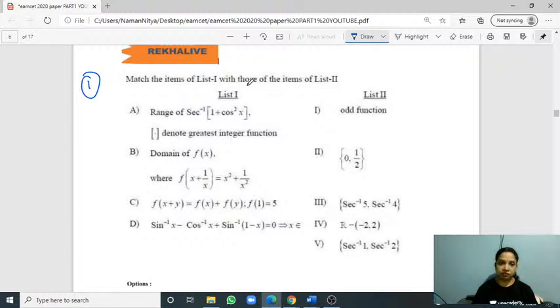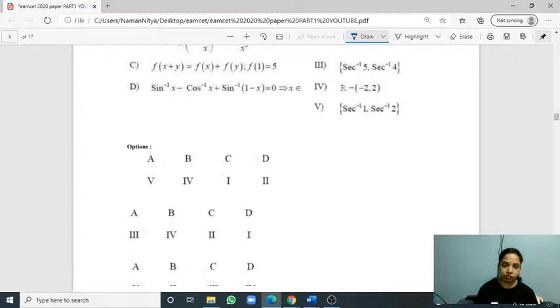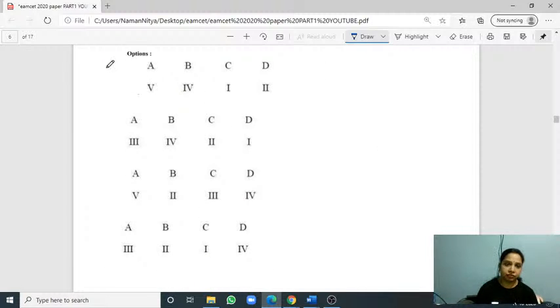So here we have to match the items of list 1 with those of list 2. Here we have some list 1 and list 2. We have to match these, and options are also there. You can check, these are the options.